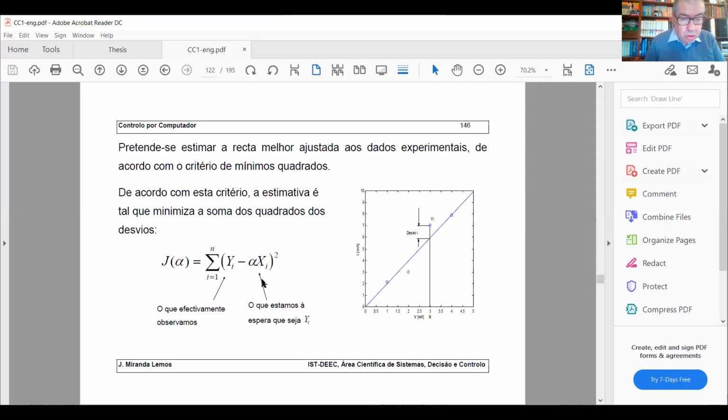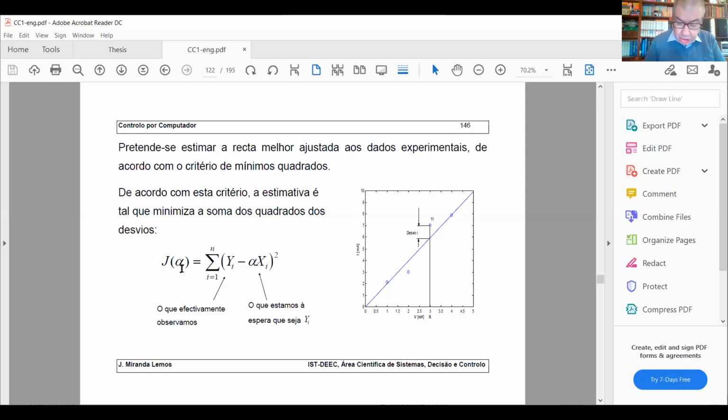But it is not, due to experimental errors and measurement errors and so on. So what you do is you try to find out alpha that minimizes this sum of squares. Of course, this is a quadratic function in alpha, so this is a parabola, and you are looking for the value of alpha that minimizes this parabola.